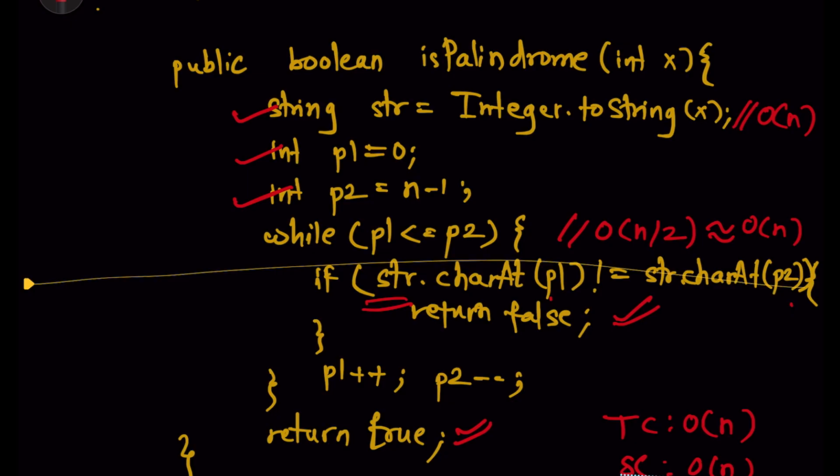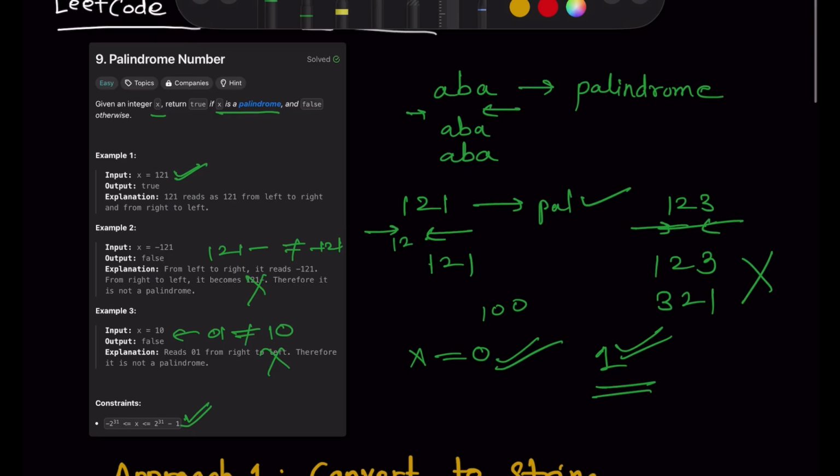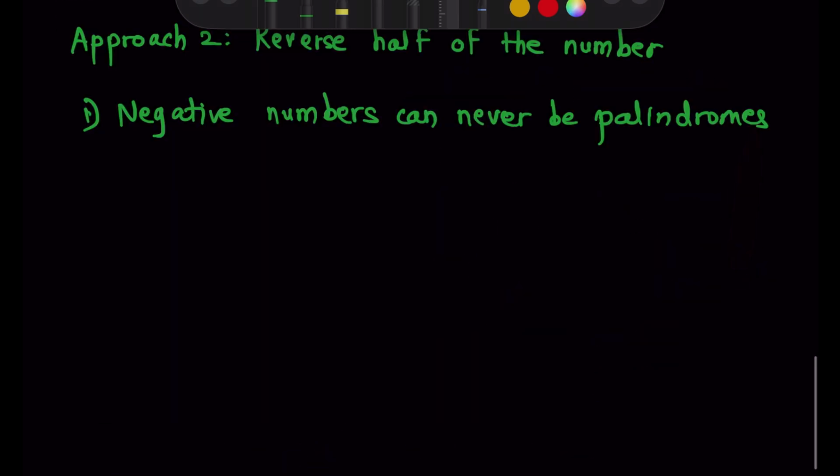So let's discuss the most optimized mathematical approach for this question. Before we move to the solution by this mathematical approach, there are some key observations that you can see based on the input that we were given. Like, negative numbers can never be palindromes. Why? Because of the negative sign.